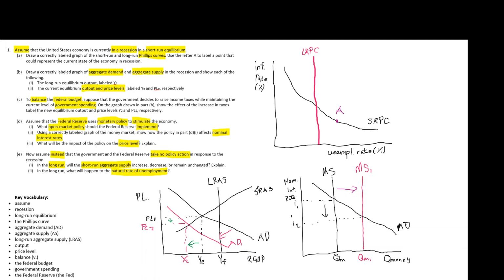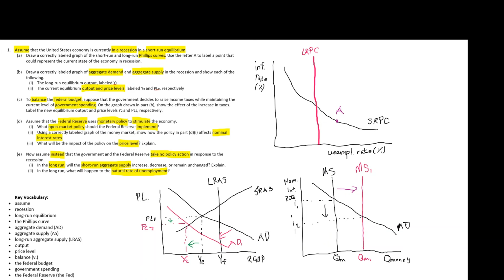Structural unemployment is related to a mismatch of skills of workers and the local economy. So that could be things like automation. It could be related to offshoring, factories and industries moving to other regions or countries. Neither of these are affected by the situation in question E, so there's no change to the natural rate of unemployment.